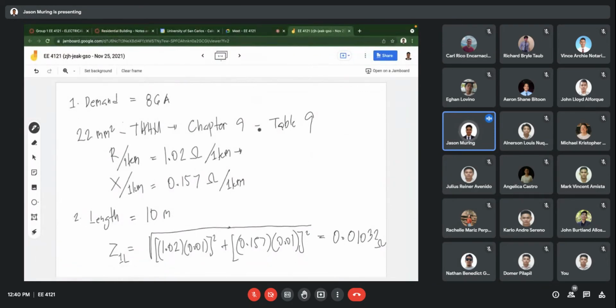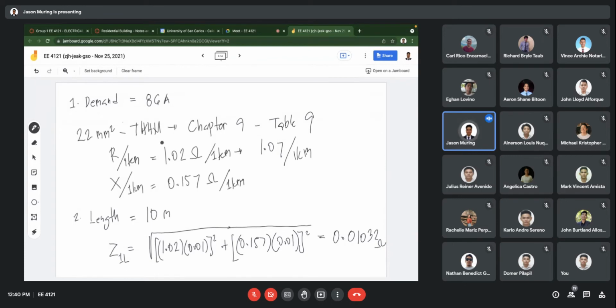So at 90 degrees, the resistance can increase to 1.069, or 1.07 per kilometer.